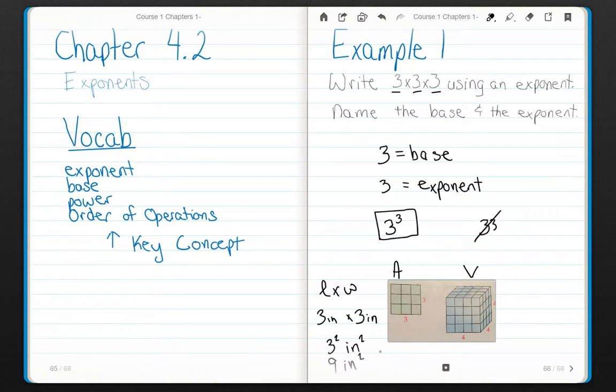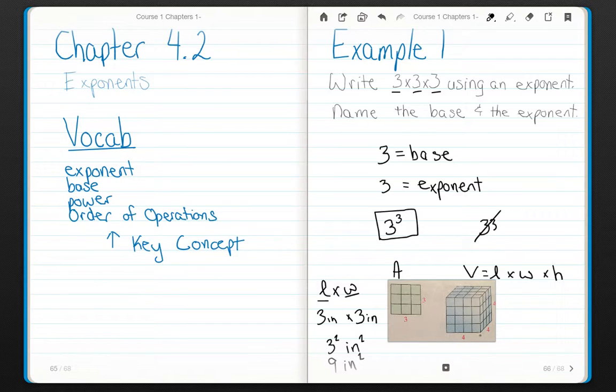Hopefully you can barely see that down there. But area has 2 dimensions, length and width. Volume has 3 dimensions, length times width times height. Therefore, it is considered to be cubed.